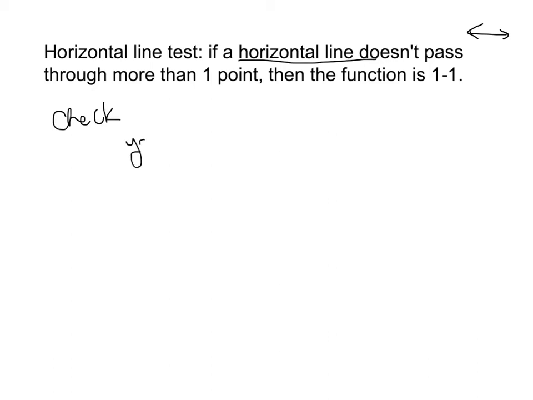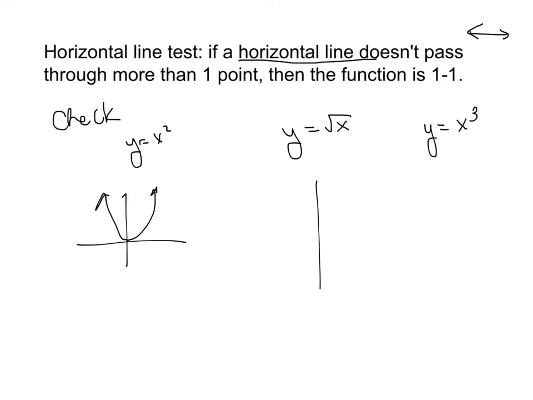Consider y equals x squared, y equals the square root of x, and y equals x cubed. I'm going to give you some really rough sketches here. Hopefully you're fairly familiar with what these look like.